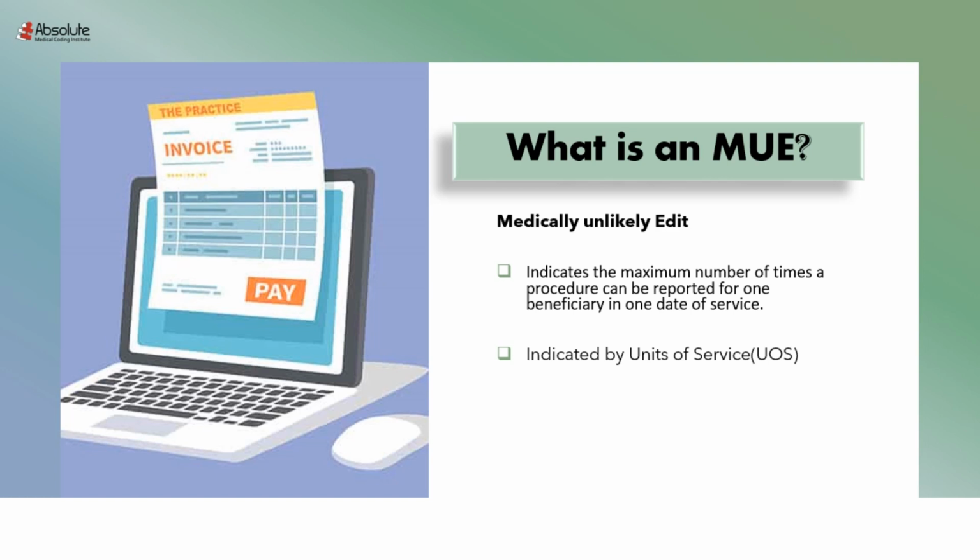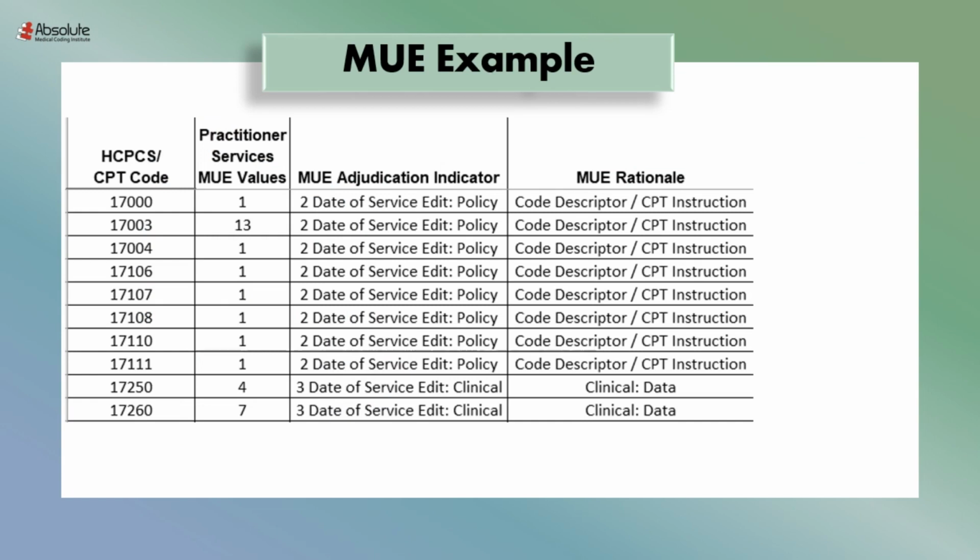So let's have an example. Here's an example of an MUE table. In this example, you will see in the first column you have your HCPCS or CPT code. In the second column is the MUE value, and the MUE value represents the maximum number of units for that procedure for that date of service by the same provider performed on the same patient.